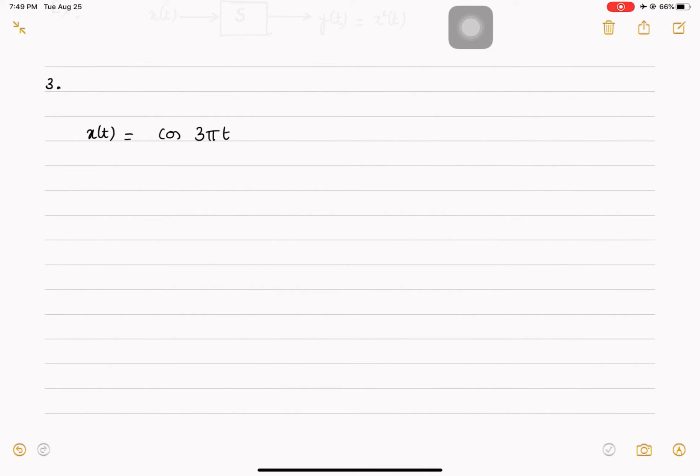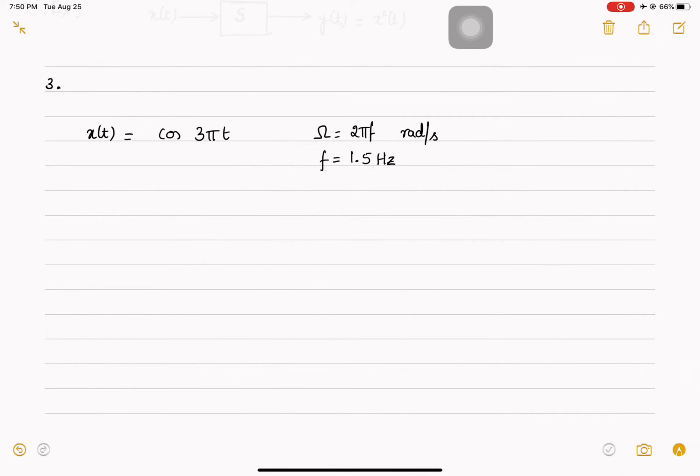Let's say I have this signal, where the frequency f is equal to 1.5. You know the relation omega is equal to 2 pi f radians per second. So when you compare, you get f equal to 1.5 hertz.